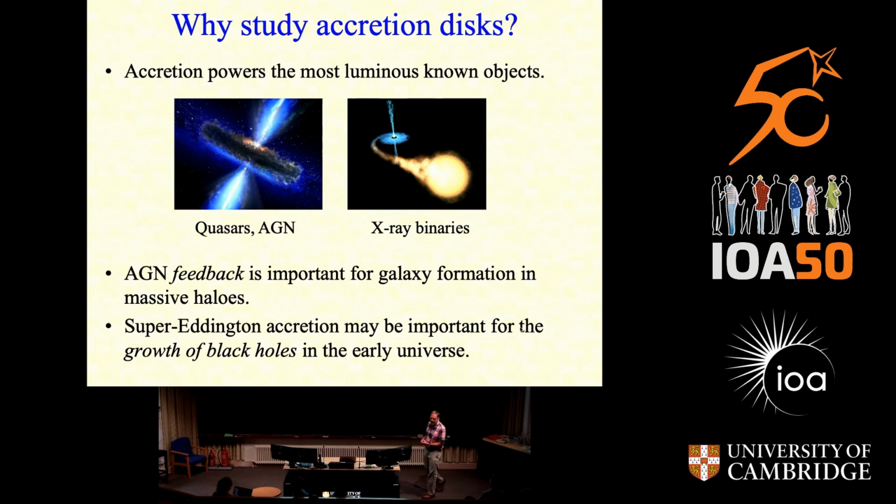That would be the box that Thorsten highlighted in Martin's flow chart of growth of black holes. So rapid growth of black holes, perhaps by super-Eddington accretion, may play a role. And so understanding the processes of feedback, and whether super-Eddington accretion really can play a role on cosmological timescales, is important, I think. These are all related to understanding accretion flows in general.